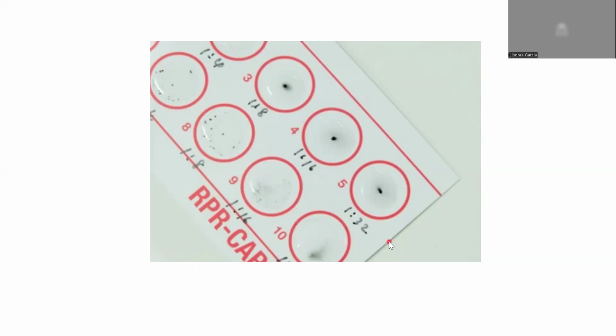So from this one, the titer goes up to 1:64. This will be 1:4, 1:32. So the titer, since the last one here, for this one is 32. The second group of reaction circles, this is 32.